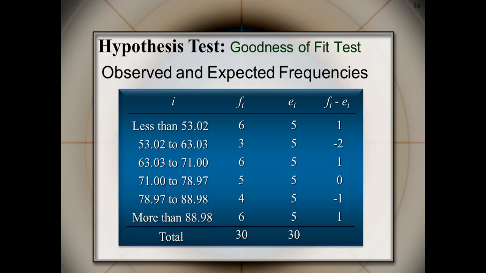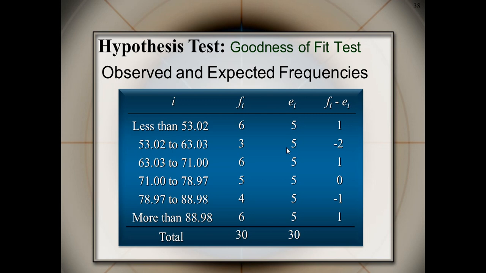Now from my 30 observations, how many observations are less than 53.02? The observed frequency is 6, the expected was 5. Similarly, how many observations are between 53.02 and 63.03? The observed number is 3.